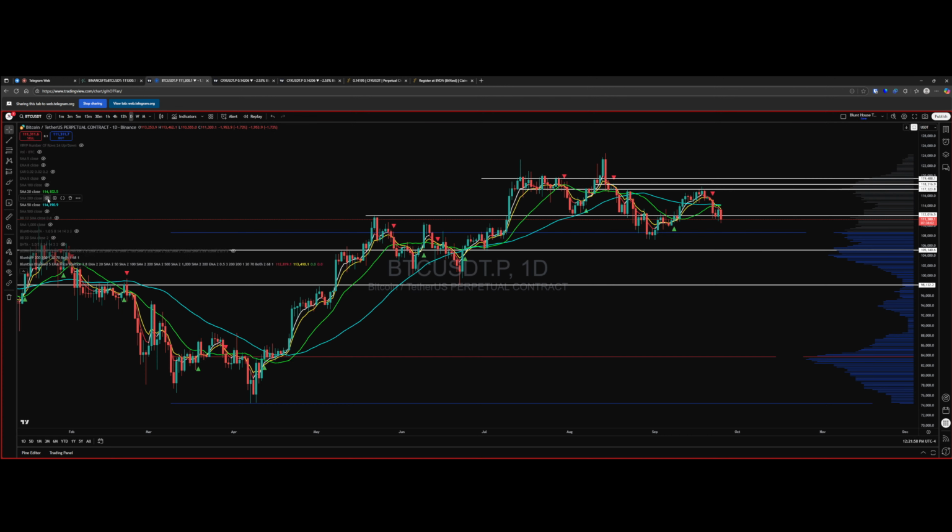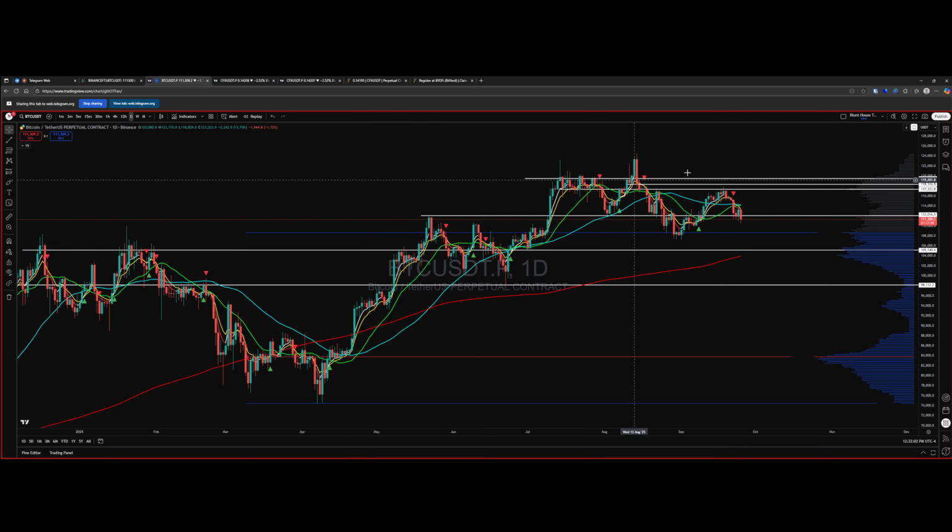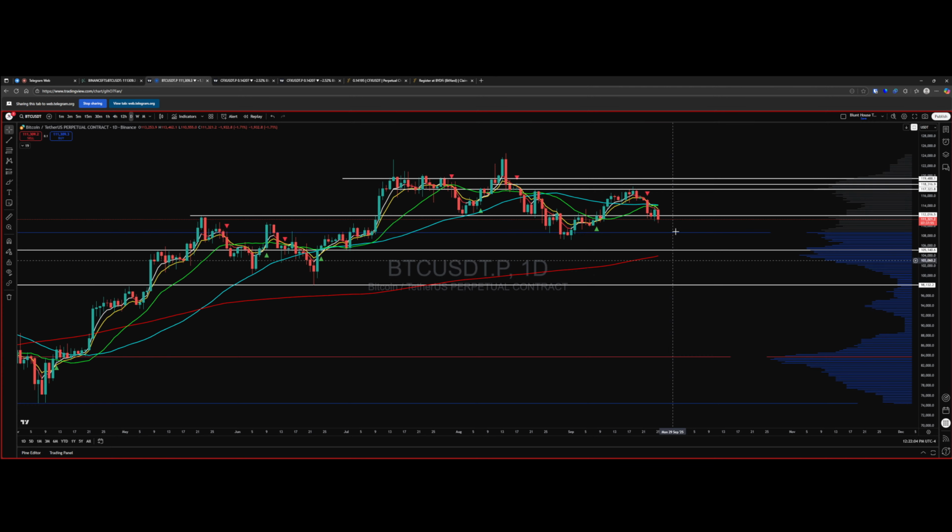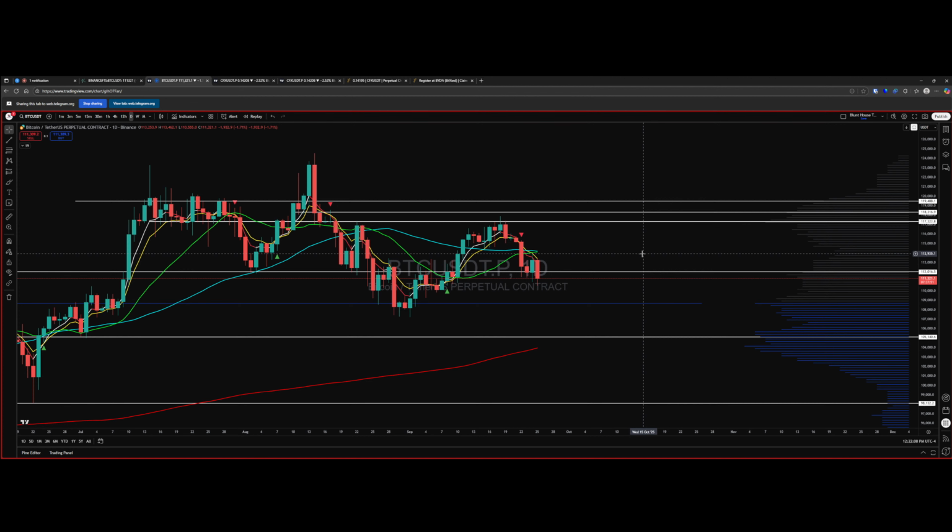But if we just throw on the 20, the 50, and the 200, just for a quick measure, there's the failure of the 20 and the 50. Right now, there's a message in all of this stuff. When you don't get support where it's anticipated, and in this case, you have two major moving averages, which should help support you, and your daily candle splits it like it wasn't there and then produces a sell signal at the same time.